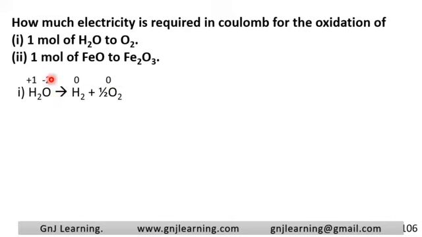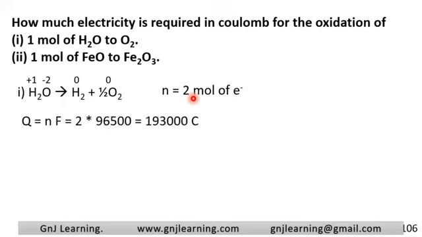So from -2 to 0, how much electron is required? 2. That means N is equal to 2 moles of electron. 2 moles or 2 Faraday of electron is required. They have asked in coulombs, so I should convert this from Faraday to coulombs.